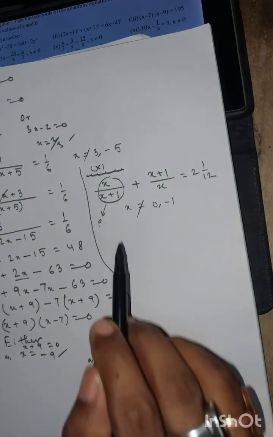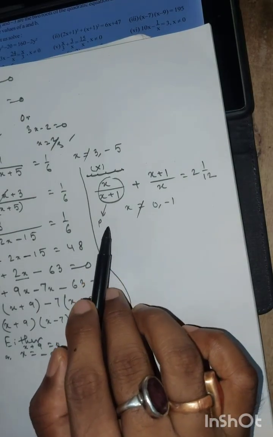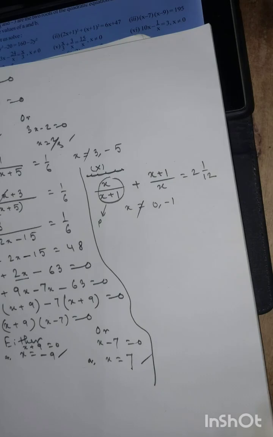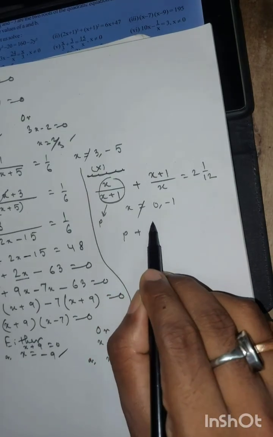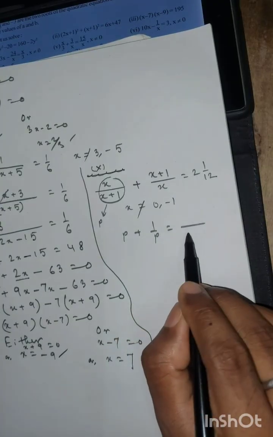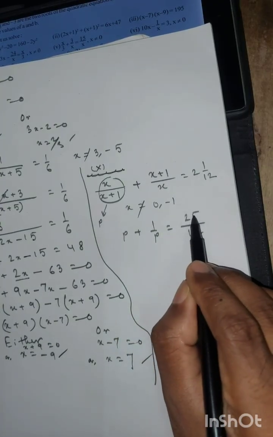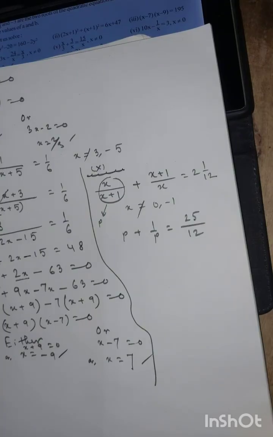Okay, we are assuming x by x plus 1 equal to p. So we can write it like this: p plus 1 by p equal to this 25 by 12.